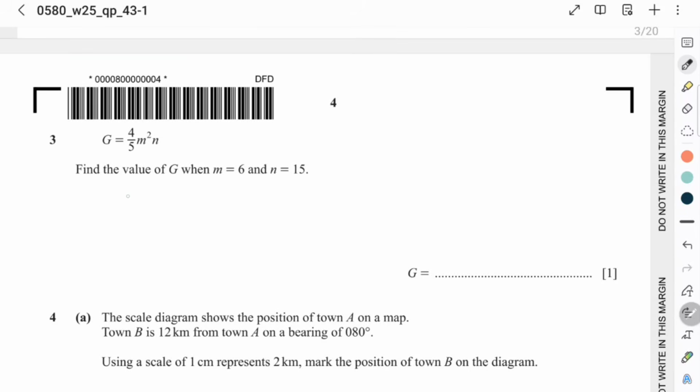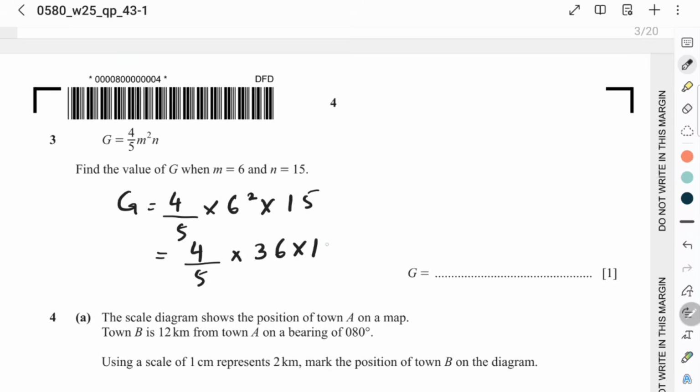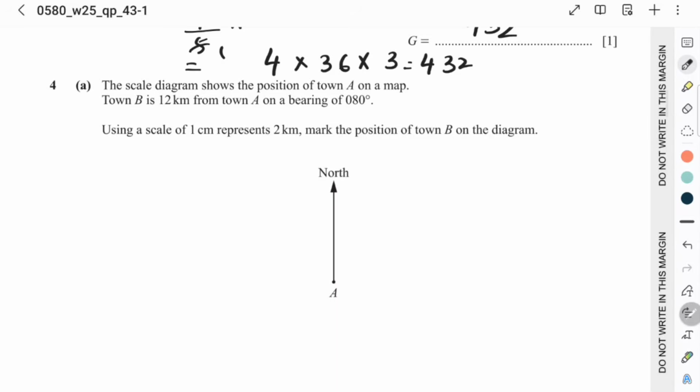We just have to substitute the numbers. g is equal to 4 upon 5, and then you have 6 squared times 15, that is equal to 4 upon 5 times 36 times 15. 5 times 3 is 15, and then you have 4 times 36 times 3, which is equal to 432.